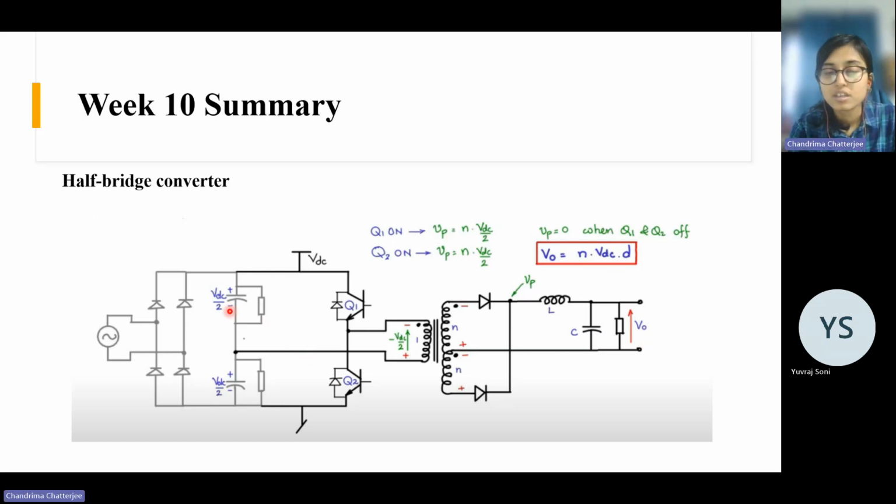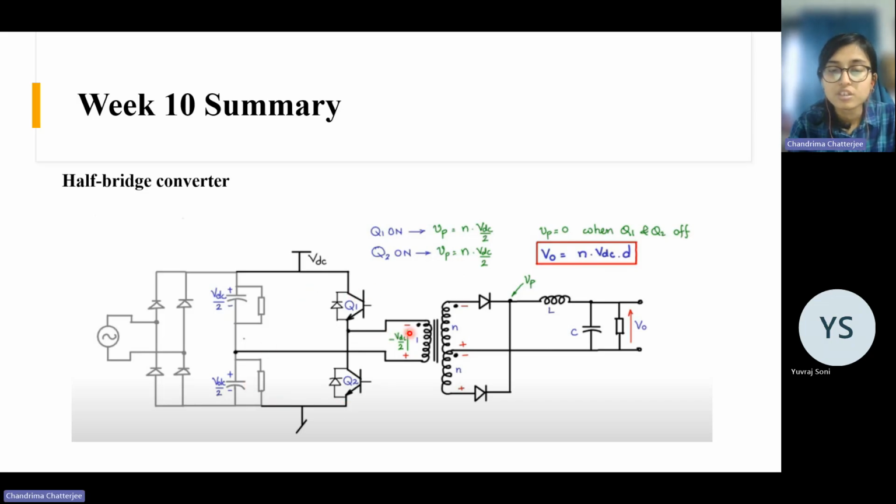How does this work? So this is VDC by 2. When Q1 is on, then current can flow in this manner, in this loop. And when Q2 is on, current can flow in the opposite direction through the transformer like this, through Q2. Right.